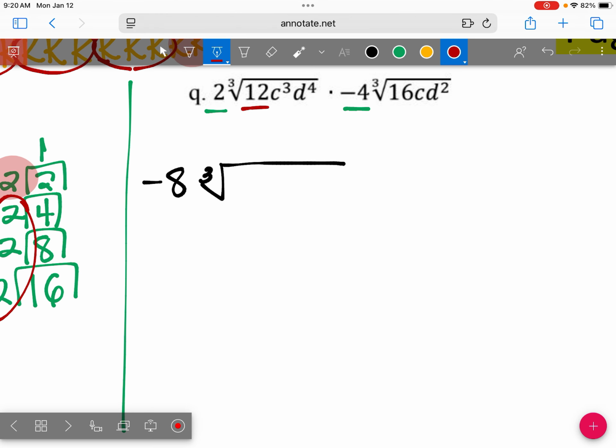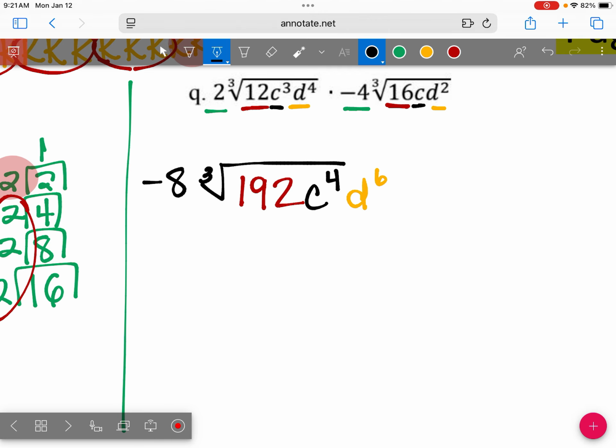Go ahead and multiply 12 times 16. Is it 192? All right, so that's 192. With the cats, I got 3 here and 1 here, so that means I have 4. And with the dogs, I have 4 here and 2 here, which means I have 6.